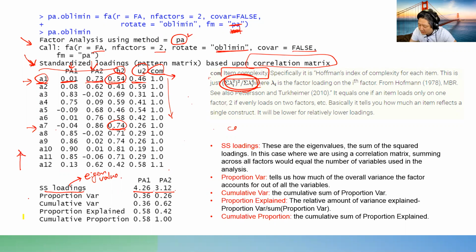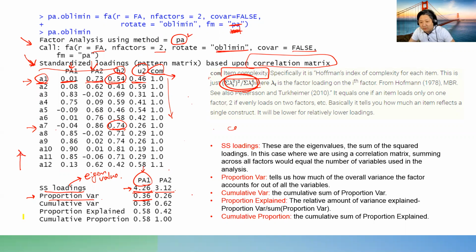And then this is proportion variance. That means 36%, right? So 36% of the total variance is explained by factor 1. So how can we get this number? This is eigenvalue, right? Eigenvalue is the variance of the eigenvector. So this is our common variance for factor 1.